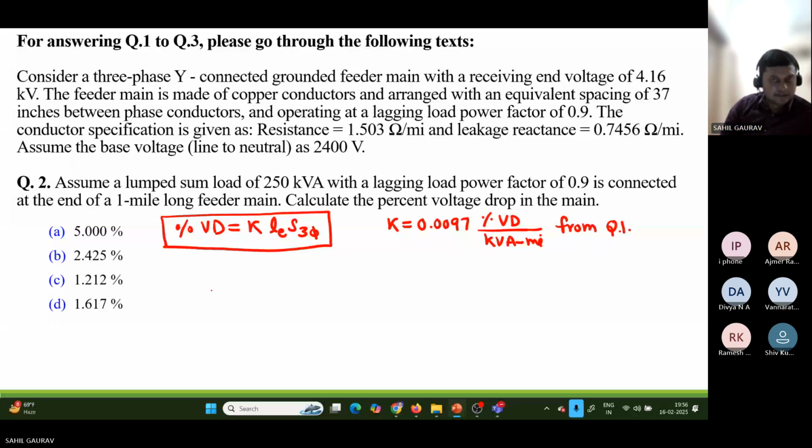This is a lump load. Here they are saying lump sum load, so the effective length is L only, and L is given as 1 mile. And S three phase is given as 250 kVA.